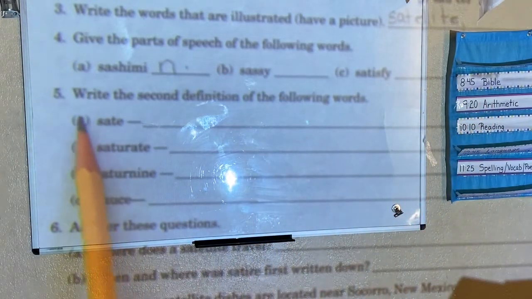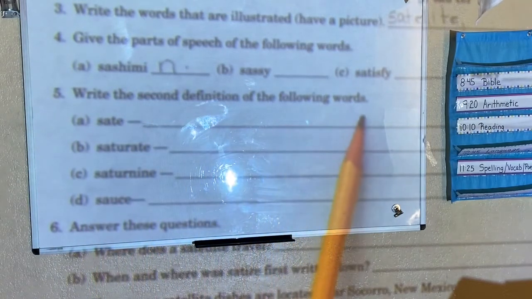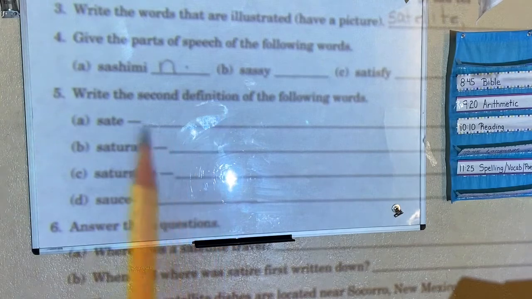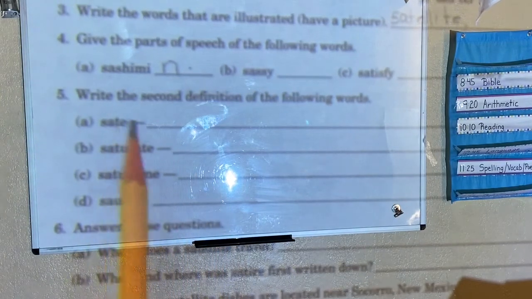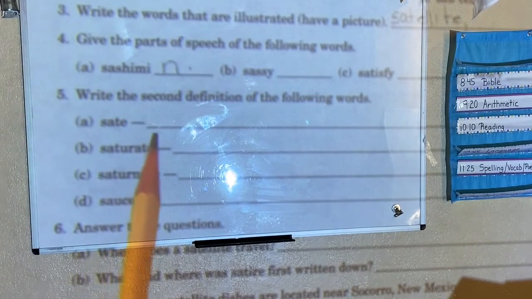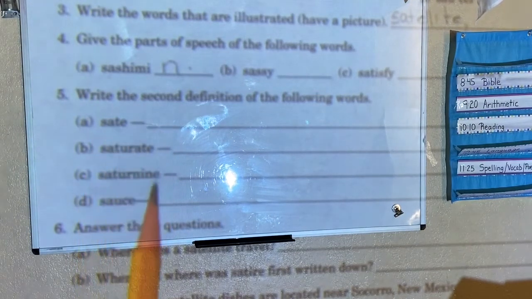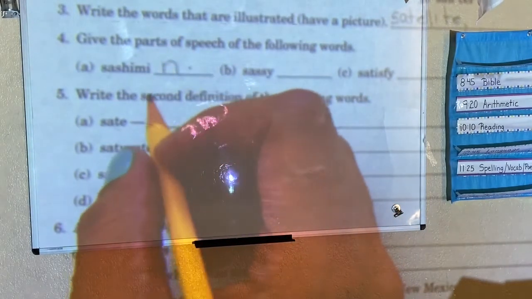On number 5, write the second definition of the following words. So if we look at the dictionary, what was the meaning for sate, for letter A? And if we look at the dictionary, it said it was to satisfy to excess.